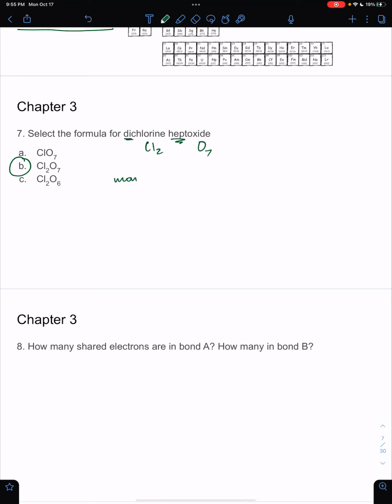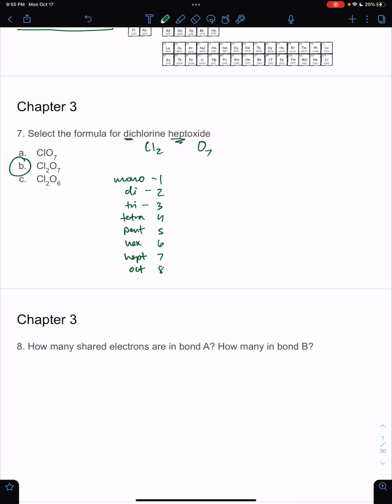So we have mono, di, I don't know exactly how far she's going to go out. I would assume not any farther than 8, which is oct down there. So it's 1, 2, 3, 4, 5, 6, 7, 8.